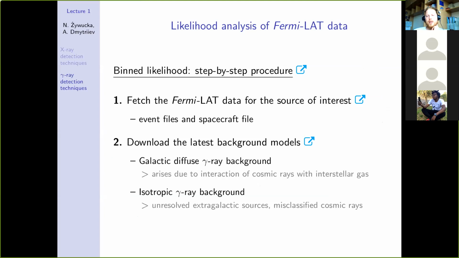This is exactly what I was showing in the all sky map, this red bright shining stripe. As I already explained, this arises due to interaction of cosmic ray protons and charged particles with the interstellar gas.